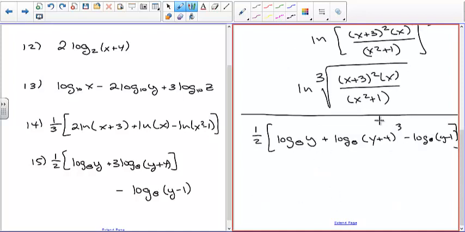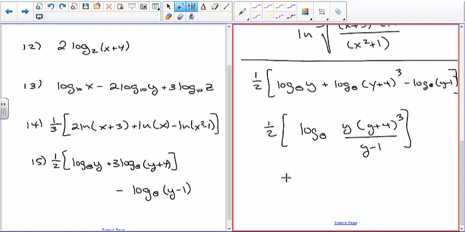Okay, now we'll combine them all. So we have log base 8. This is in the numerator. This is in the numerator. This is negative, so it's in the denominator. And then finally, this half can become the exponent.